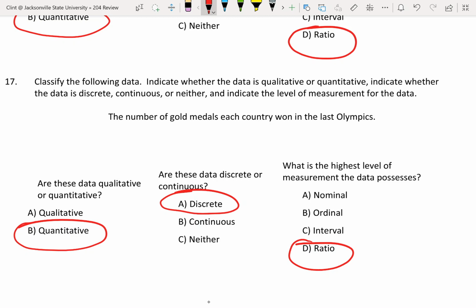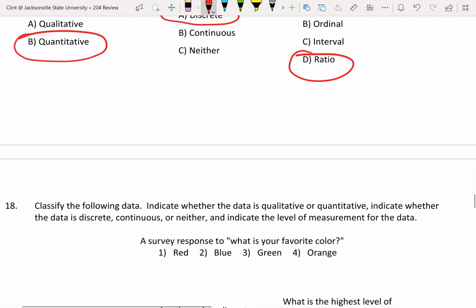We got one more that'll take care of most of the other possibilities. Here, just a reminder, continuous data is if we're measuring something. We can be as precise as we want to be with our numbers. That's continuous. And I think this next one covers all the possibilities.